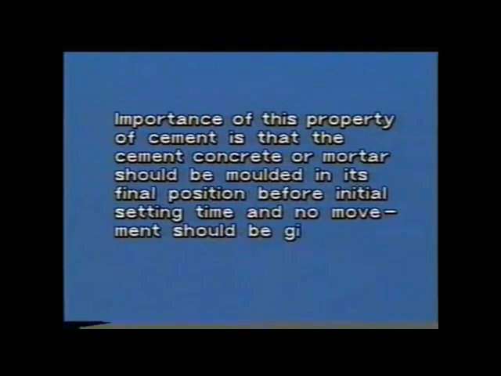Importance of this property of cement is that the cement concrete or mortar should be molded in its final position before initial setting time, and no movement should be given till its final setting.